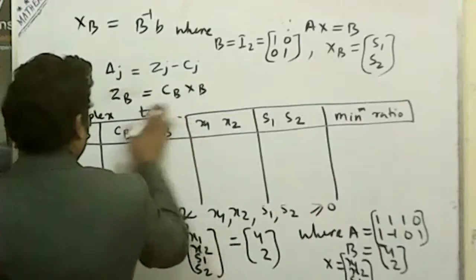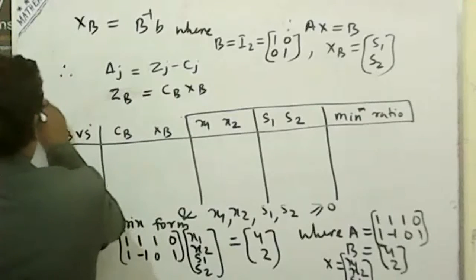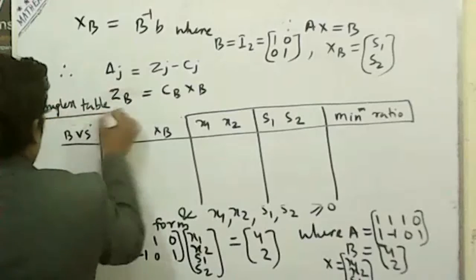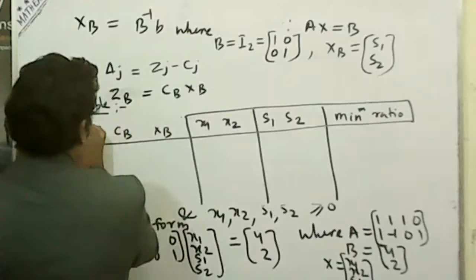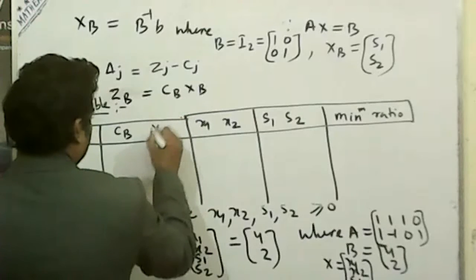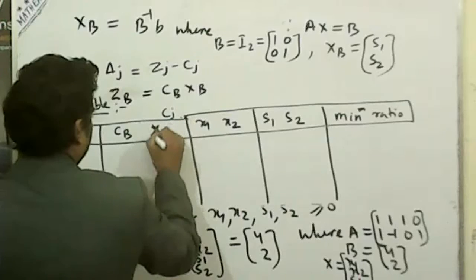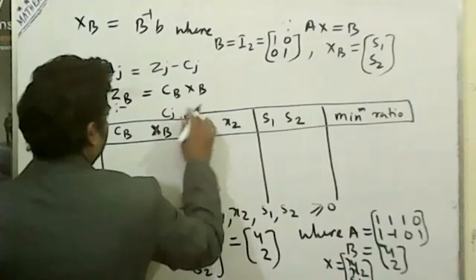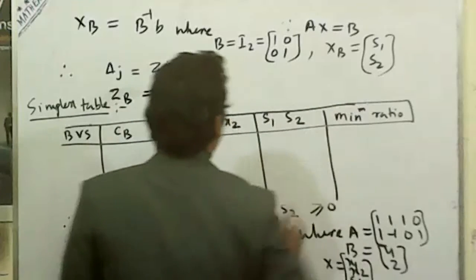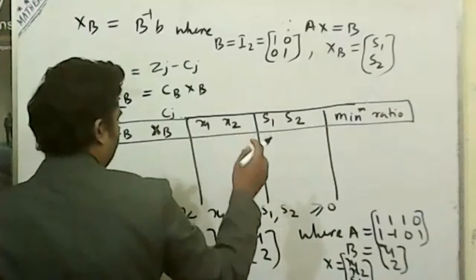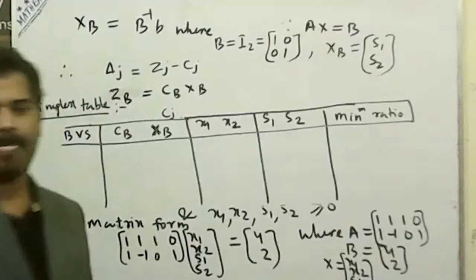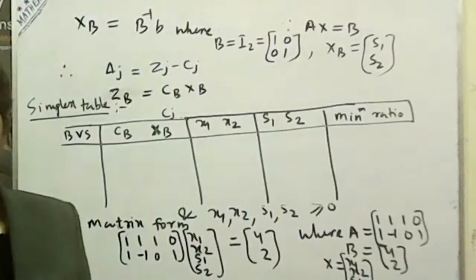Now here, Cj is equal to the coefficient of Zj maximum.